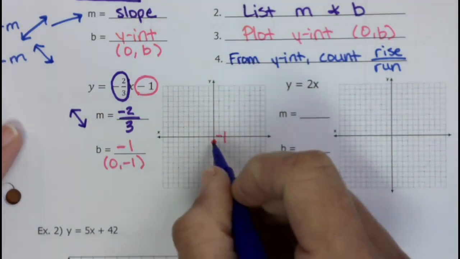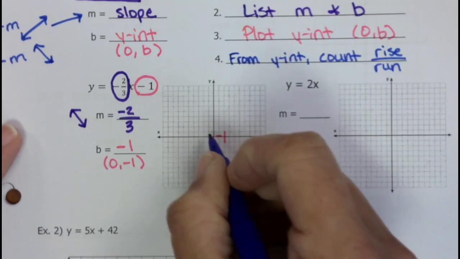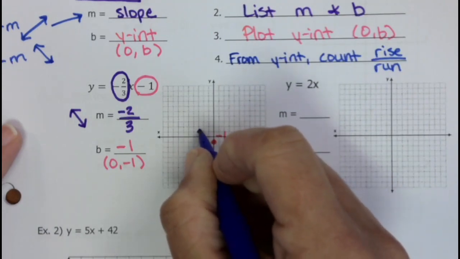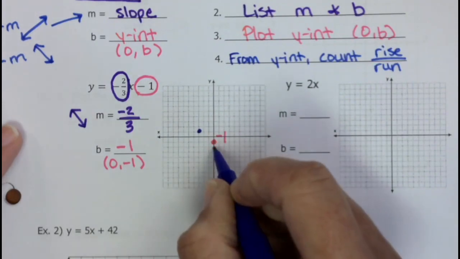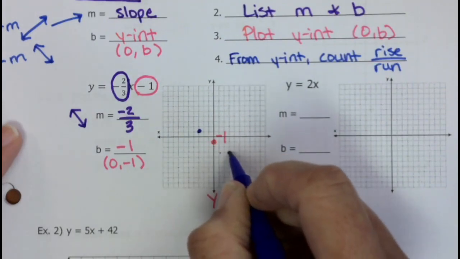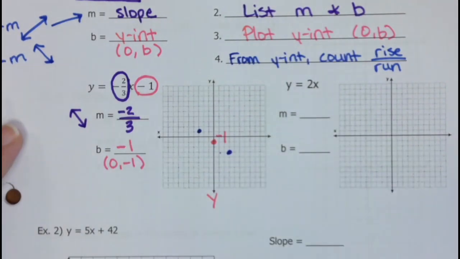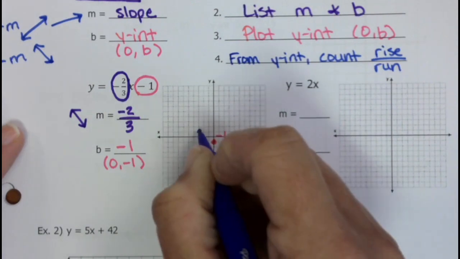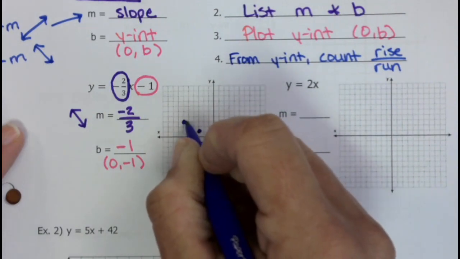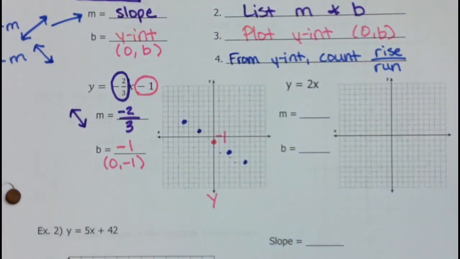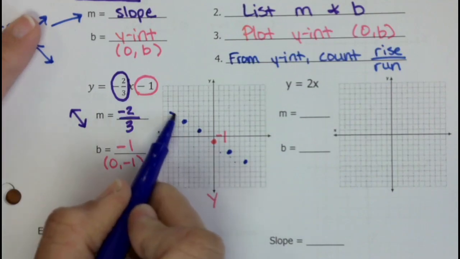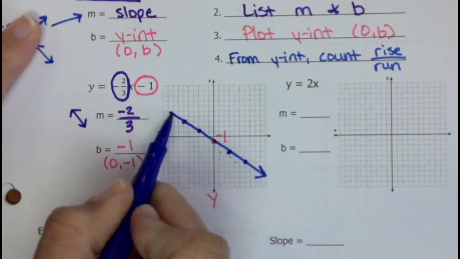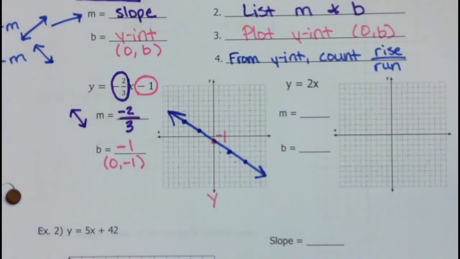It is negative, so if you go up 2, you're going to go 1, 2, 3 to the left. Or go down 2, then 1, 2, 3 to the right. You can use the side of your ID to make it a straight line. And then it should have arrows at both ends.